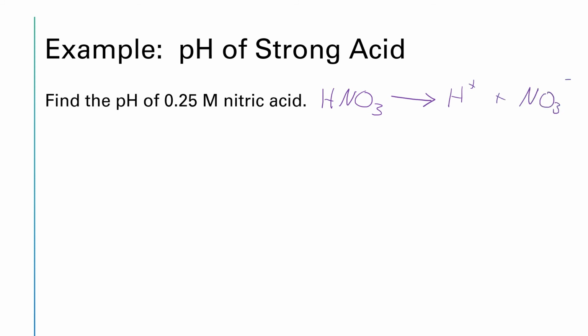So for every 1 molarity of HNO3 on the label, we get 1 molar of H plus ions. What we started with actually was 0.25 molar. All of that dissociates, so we end up with a concentration of 0.25 molar on H plus ions as well as on nitrate ions.